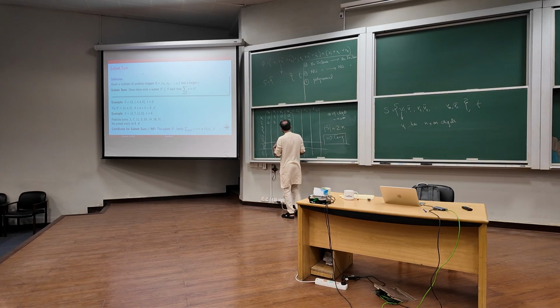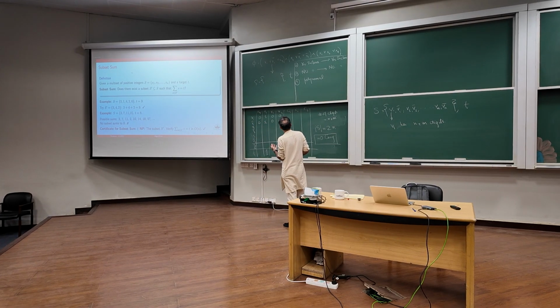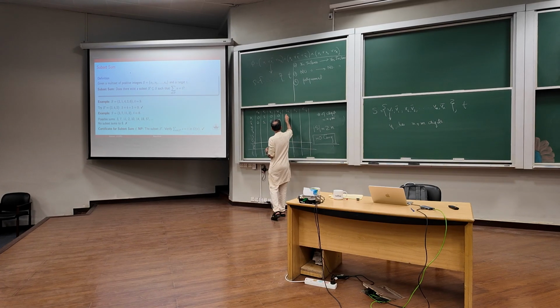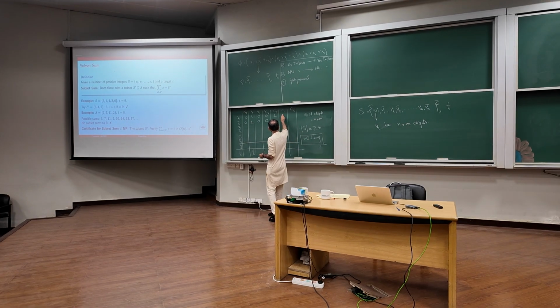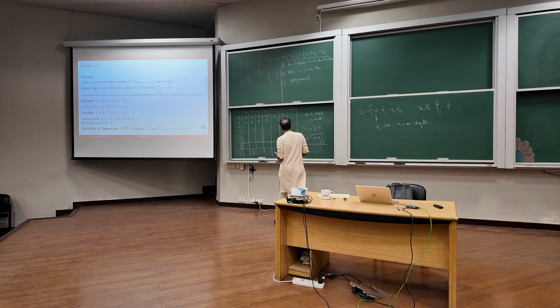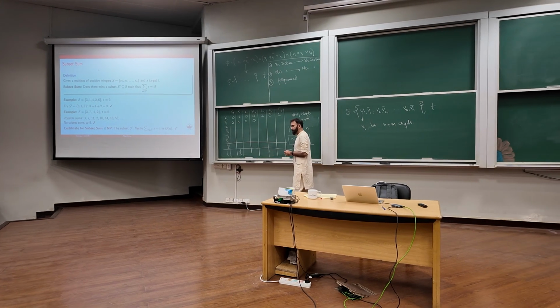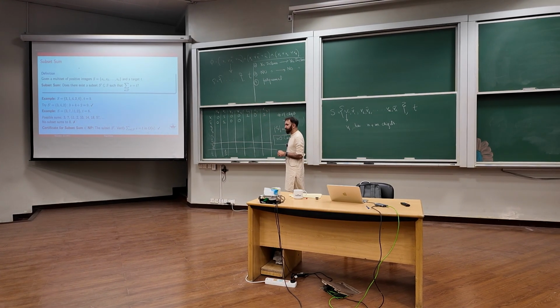So if C1 contains x1, which it does, I'm going to put a 1 here. C2 does not contain x1, so 0. C3 contains x1, so 1. Okay, all right.